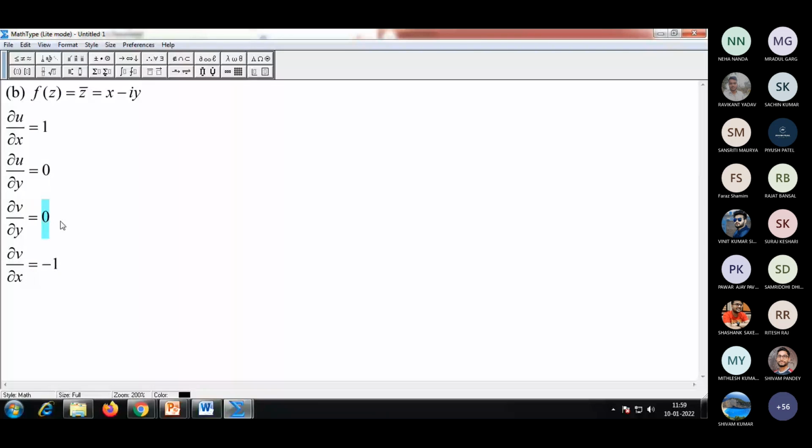Throughout. It means if it is not equal throughout, this shows that the function is not analytic anywhere. We will not find a single point at which this function becomes analytic. It means f equal to z bar is not analytic anywhere. Okay?